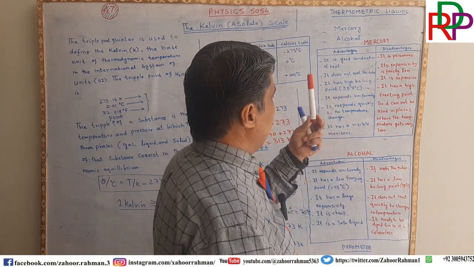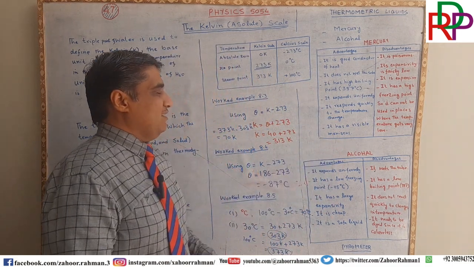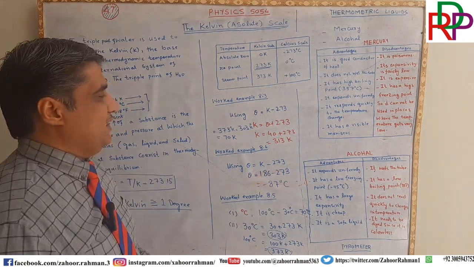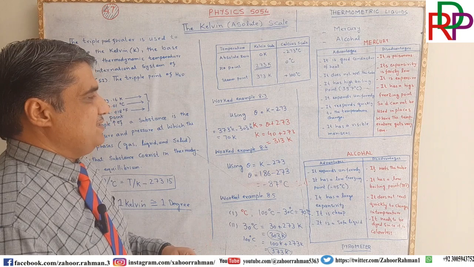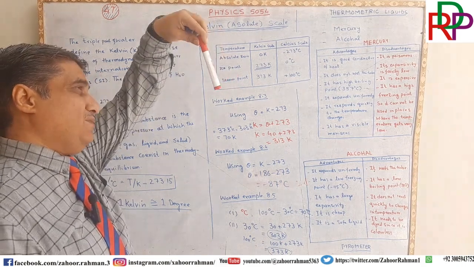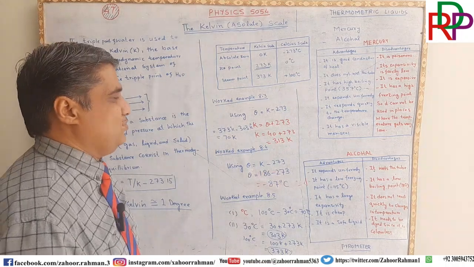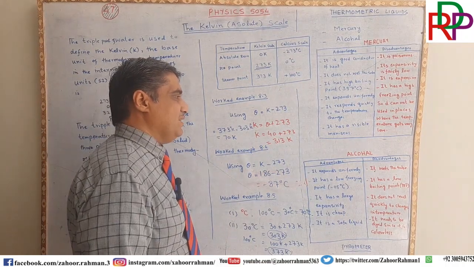We can see it very clearly inside the thermometer. That is another advantage. If we were using water inside it, we would never see that, and we would not be able to record the correct temperature of that body.